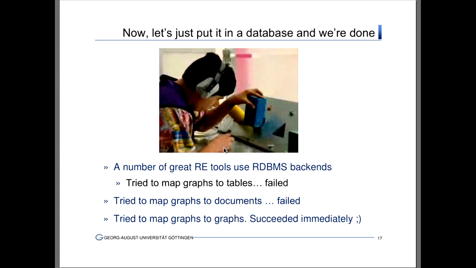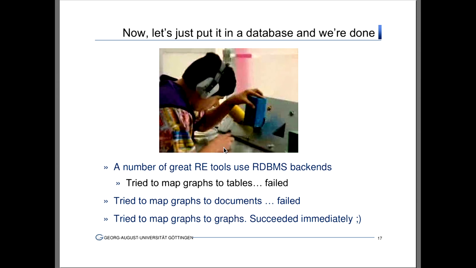Now, once we had that data structure, the question was, how are we going to store this? And it actually took me quite some time to realize that, well, if you have a graph, then trying to map this to a classical relational database management system is not going to be much fun, because you need to map a graph to tables.